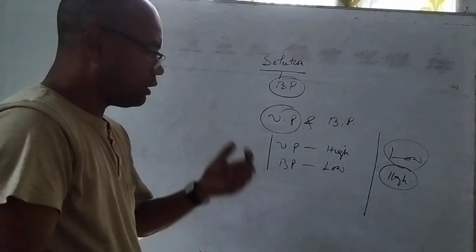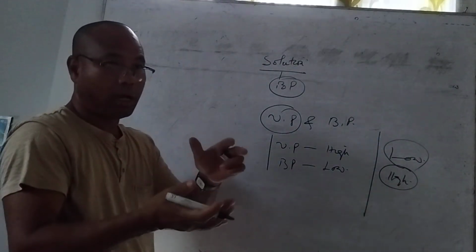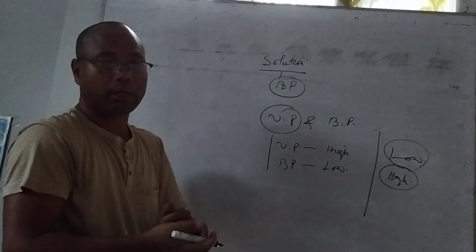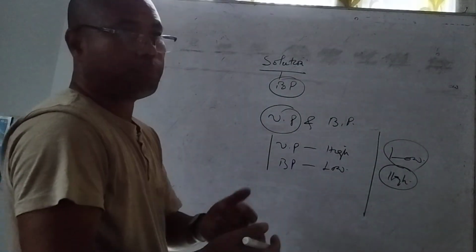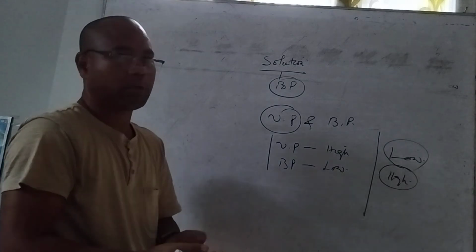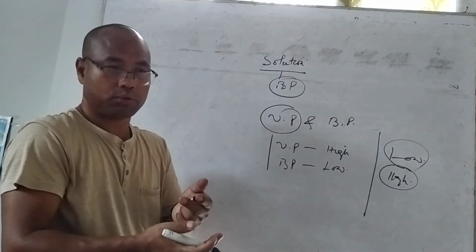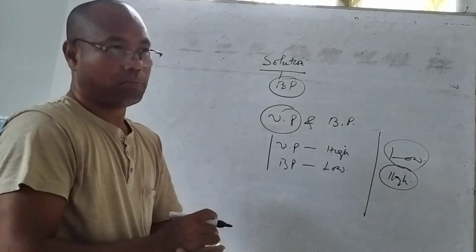So a liquid having a high vapor pressure should boil at a low temperature, like ethanol. Ethanol, compared to water, has a high vapor pressure, so obviously the boiling point should be very low.